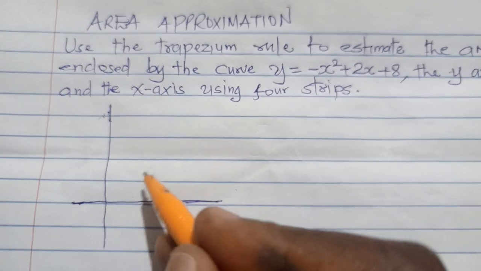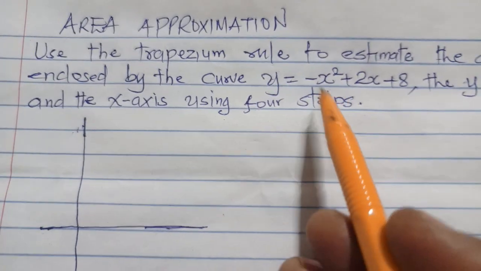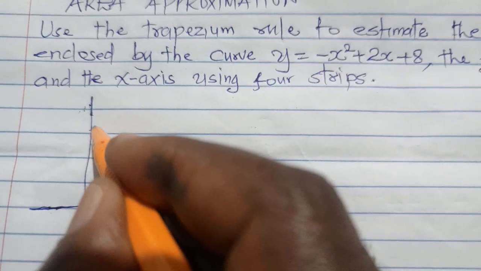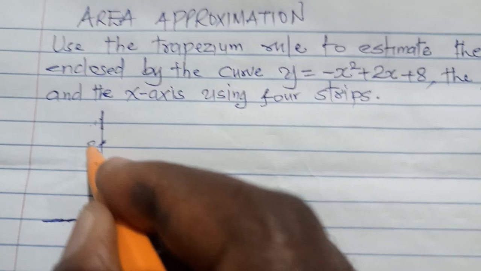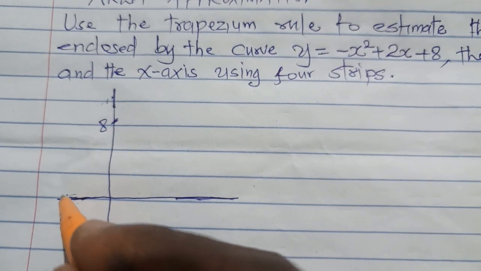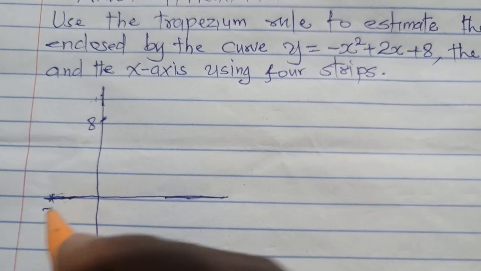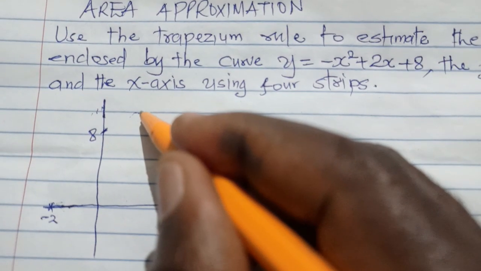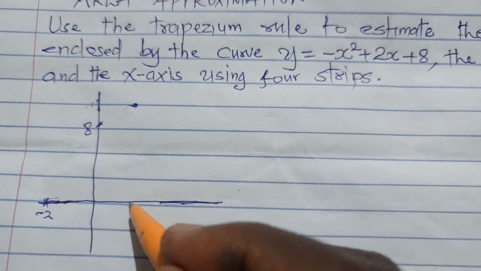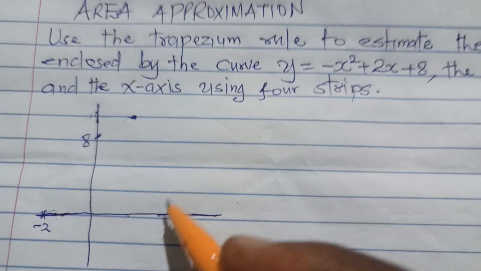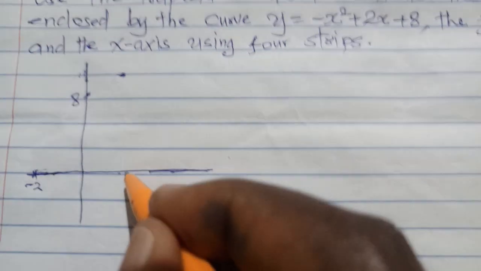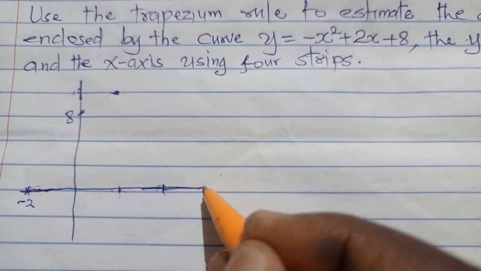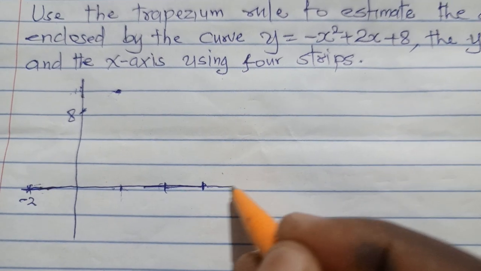So in this case, if you do a sketch of what we have here, you'll realize that it's a curve where the y-intercept is at 8. One of the x-intercepts is at negative 2. The turning point is at around 1, 9. So if that is 9, then down here is 1, then let's say 2, 3.